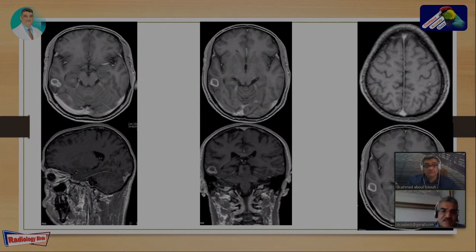Coma after severe convulsion. And what we appreciated here with the contrast MRI, this is in coronal, sagittal, this in coronal, you will see the lesion is here posteriorly. This is a ring enhancing lesion. There is enhancement. And in the CT scan, it was hyperdense, it was partially calcified.